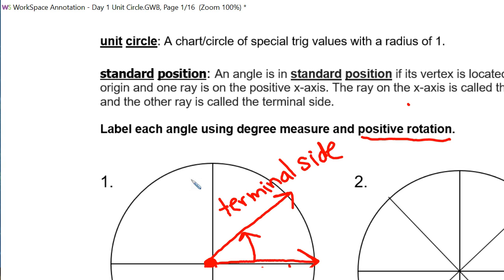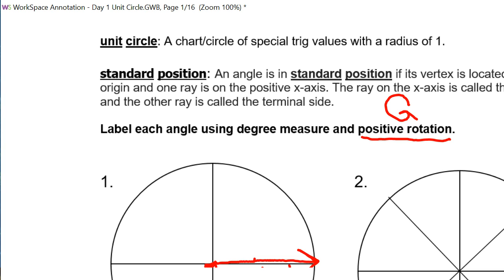Now for these first three circles, it says to label each angle using degree measure and positive rotation. So let me get rid of my picture definition. I'm going to keep the initial side on the positive x-axis. So when we're measuring our angles today, it would be with respect to the positive x-axis. Now, what is my terminal side?